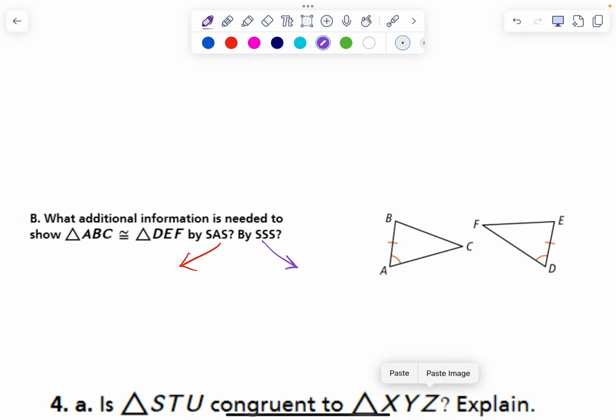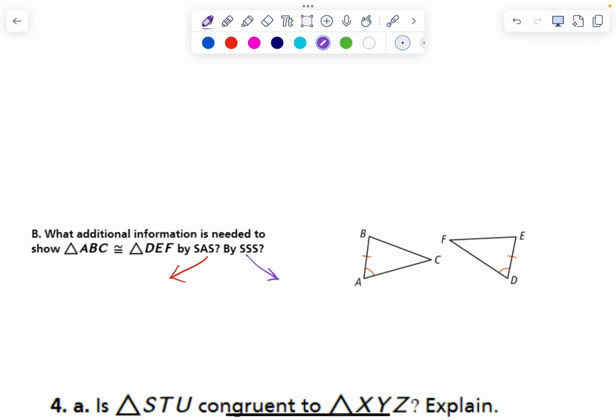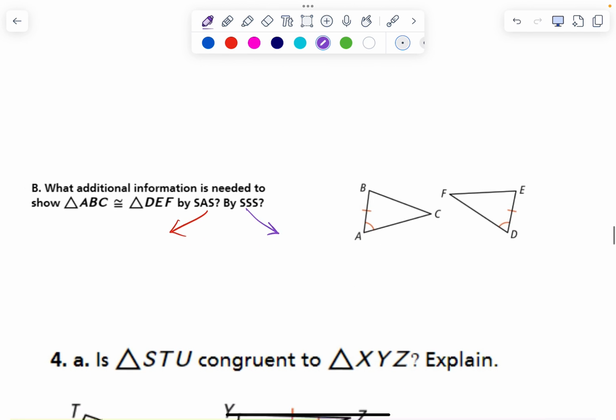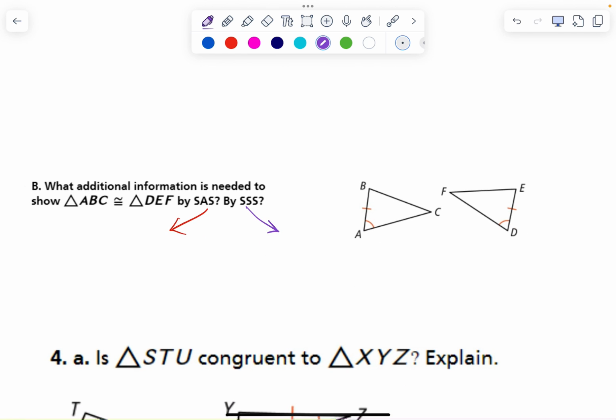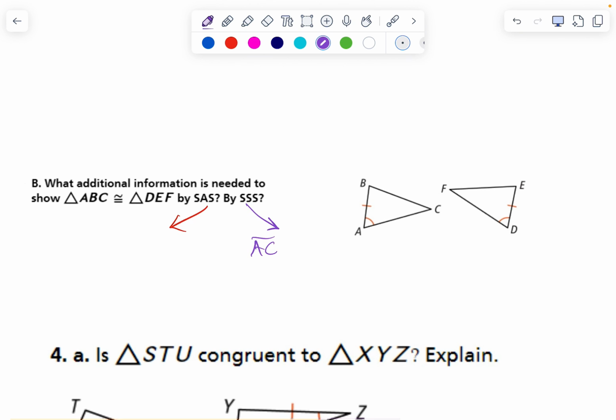Let's be specific about our statements. Aiden, how about you help us out? Give us a specific statement. Obviously, we need to know all three sides are congruent, but specifically, which sides? If I wrote AC is congruent to, what would you say?